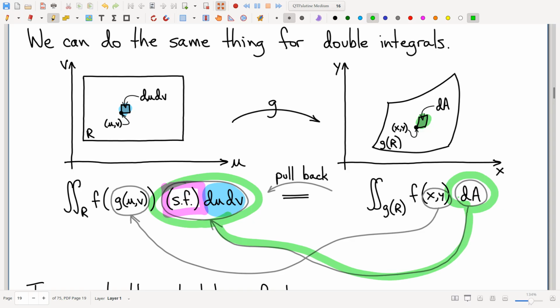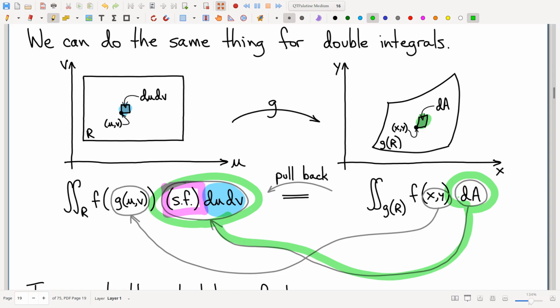What is that stretching factor? Oh gosh, well, we don't know at the moment, but there will be some factor, and it turns out there's a nice formula for it that tells us how much area gets stretched out by this function.